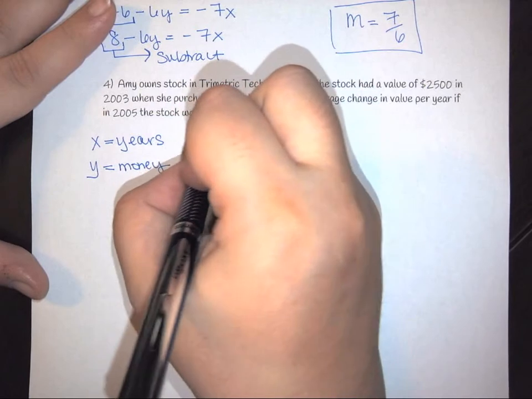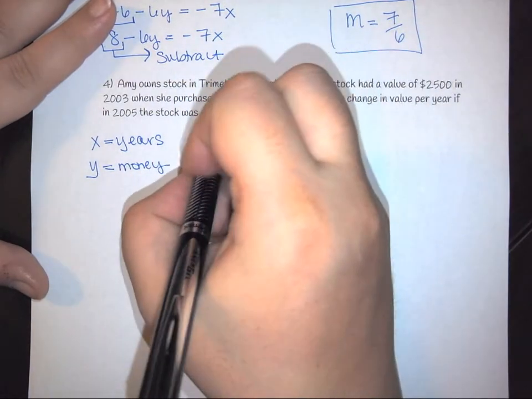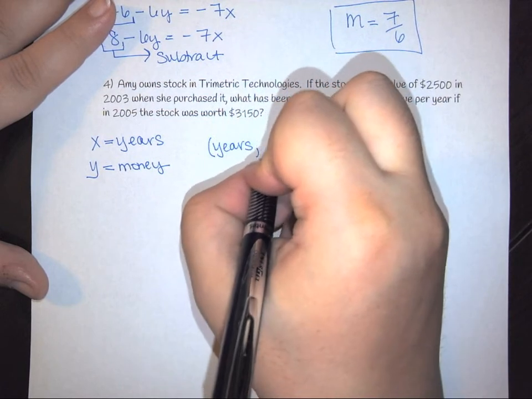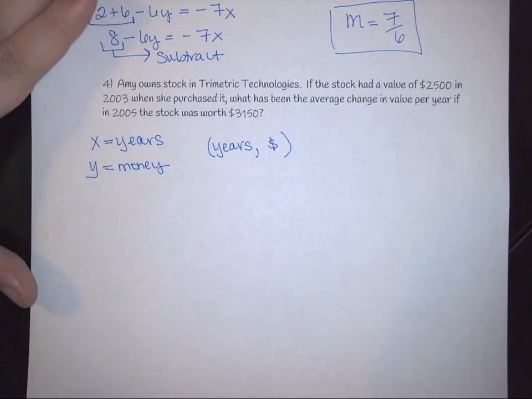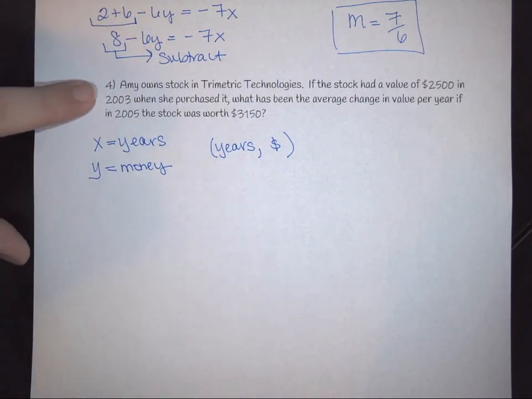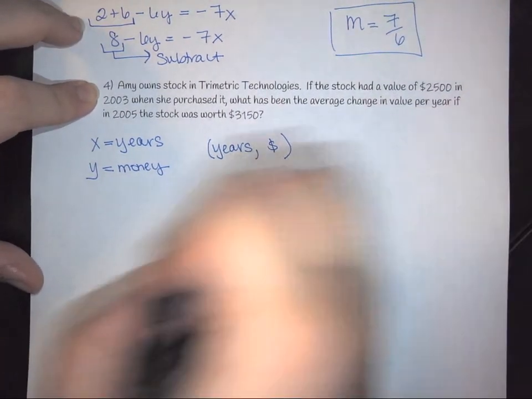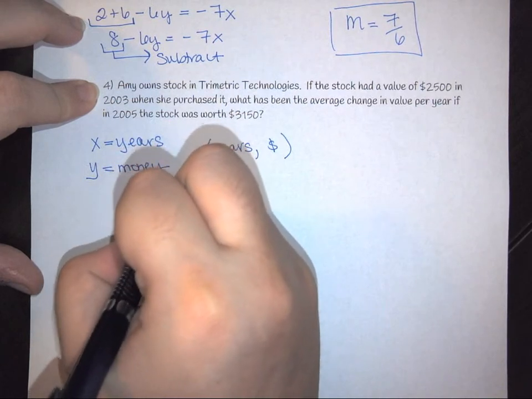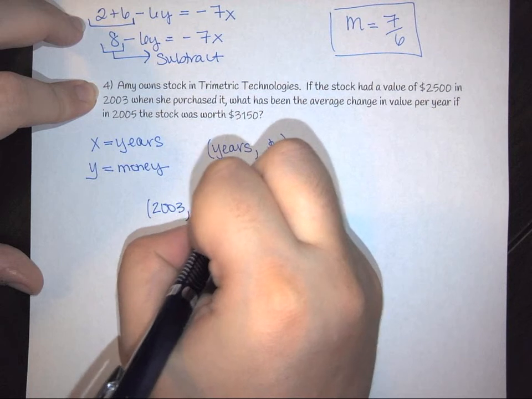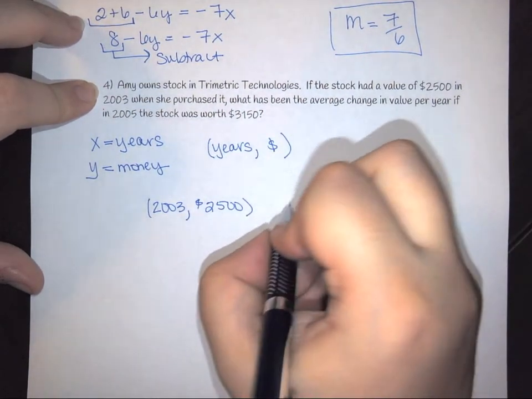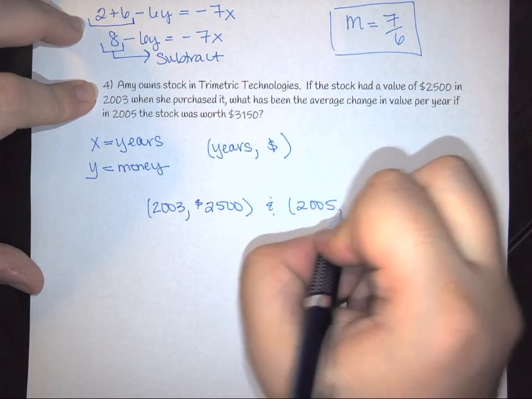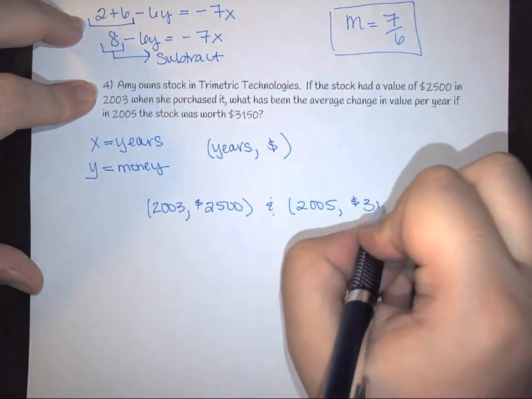So what this means is that we are going to create parentheses that are years, comma, money. And we have two sets of parentheses we can create. First and foremost, we have the year 2003. So we know that in 2003, the stock was worth $2,500. And then we also know that in 2005, the stock was worth $3,150.